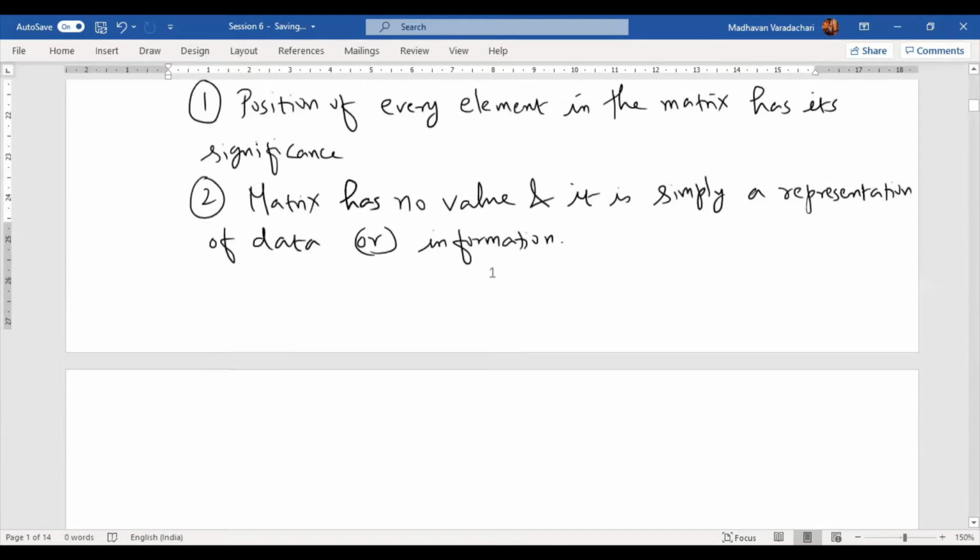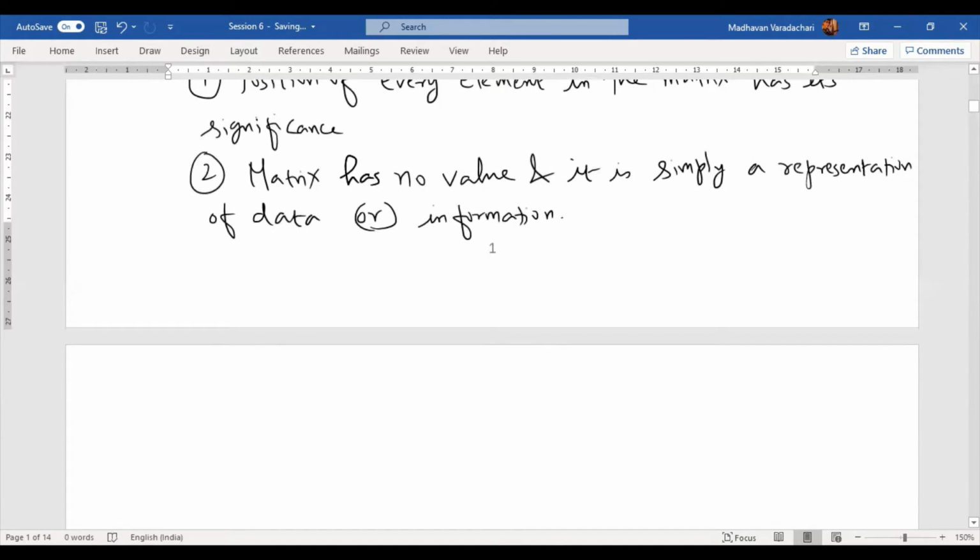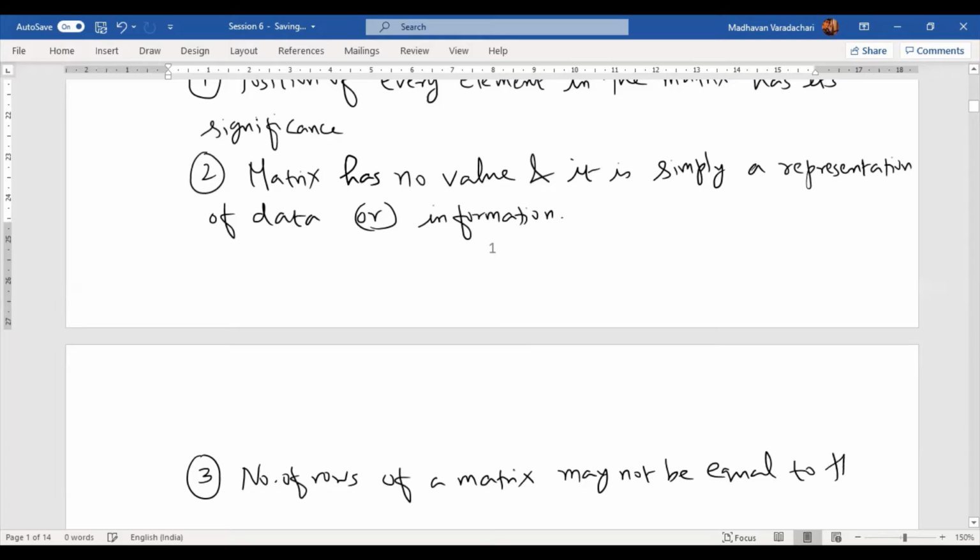Then next point is number of rows of a matrix may not be equal to the number of columns.